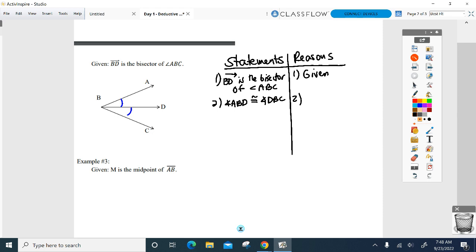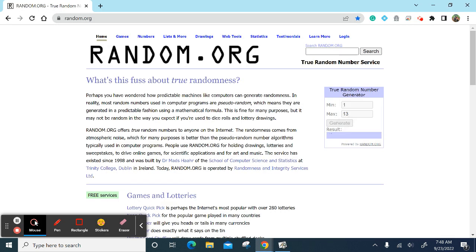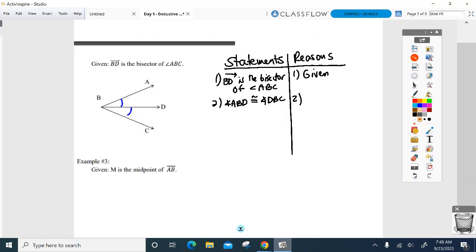Why did you know those two angles were congruent? What told you they were congruent? BD is a bisector. Well, BD is a bisector, so we're going to go definition. I'm just going to abbreviate it DEF. Definition of a bisector. Because a bisector cuts an angle into two congruent parts.